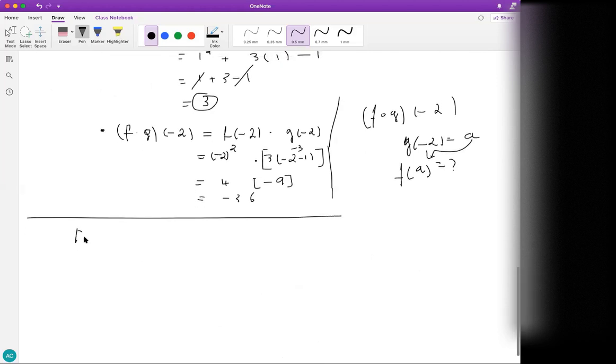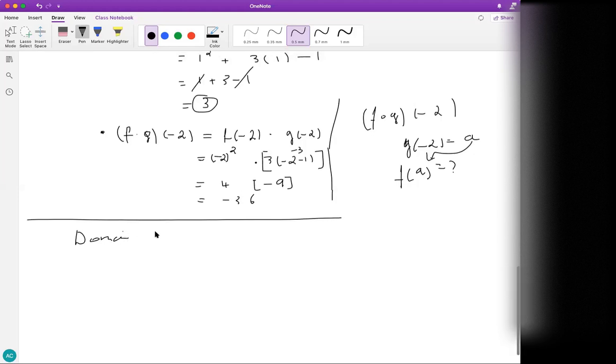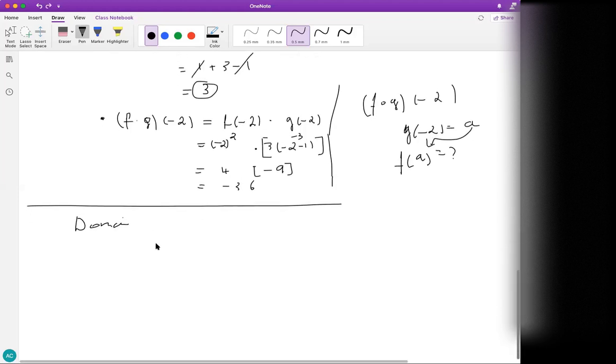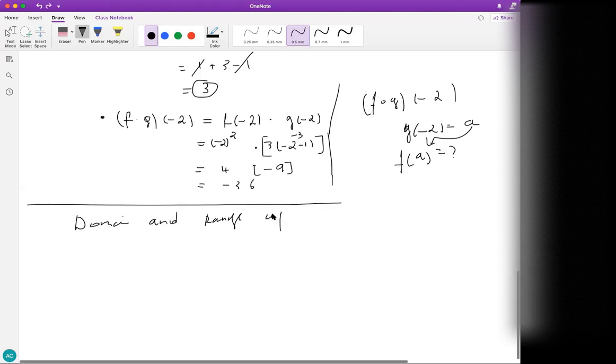Let's just say domain and range. Some of it is not in the book. Domain and range of functions.